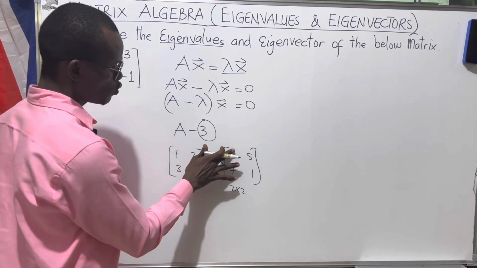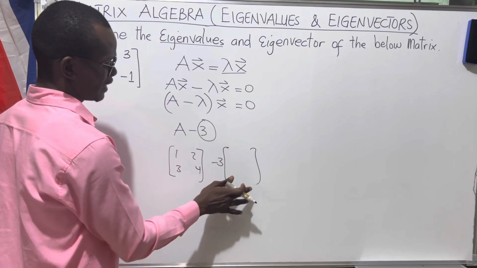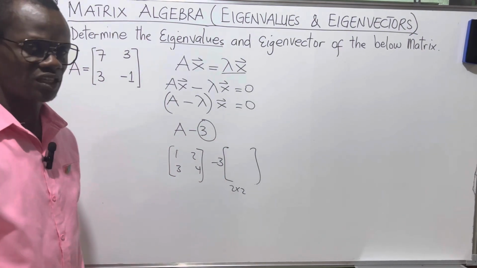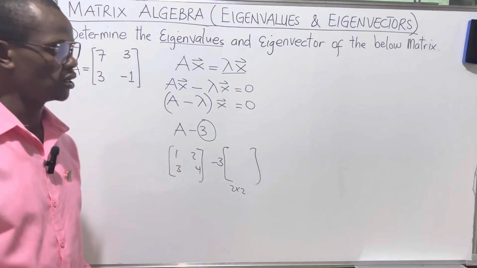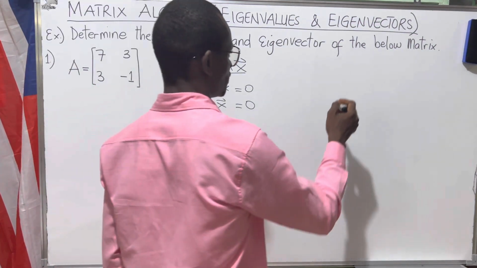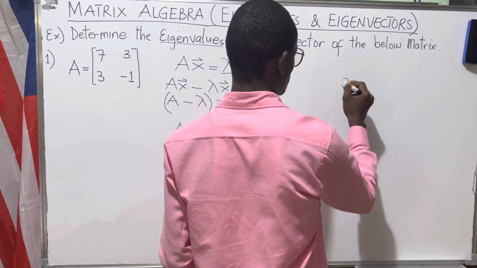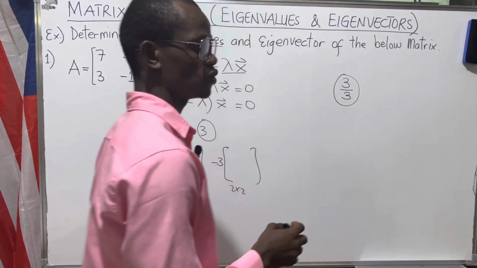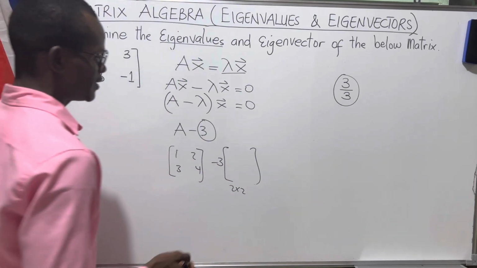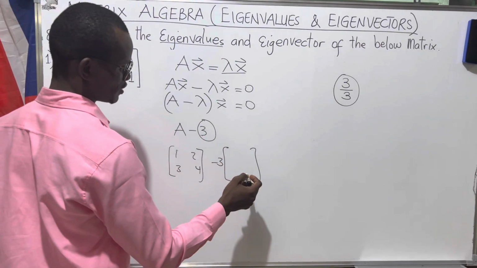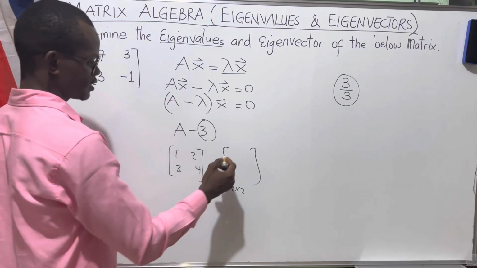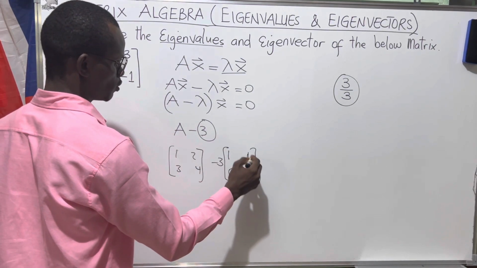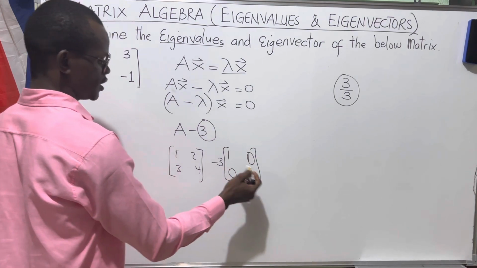So what we can do is attach an identity matrix. An identity matrix is almost like attaching 1 to a number. It's like saying you have 3 divided by 3, and 3 divided by 3 is 1. So we want to attach an identity matrix. Since this is a 2 by 2 matrix, the identity matrix is just 1, 0, 0, 1. So this is an identity matrix.